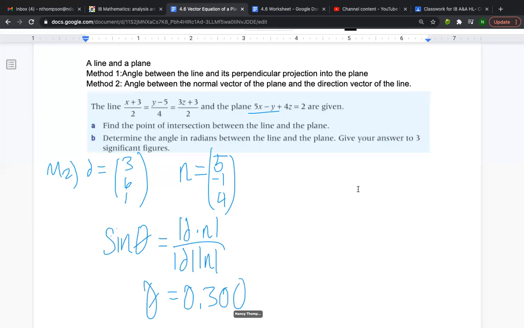Now, obviously, this is 10,000 times faster, so much less room for error, but that means that you have to memorize not only this piece, but I would encourage you to remember why it's this piece. So I'm going to say it again slowly. We use sine theta because the angle between the line and the plane is complementary to the angle between the directional vector of the line and the normal vector to the plane.